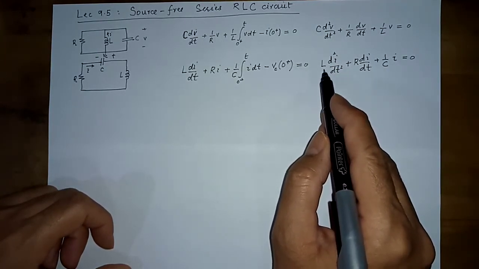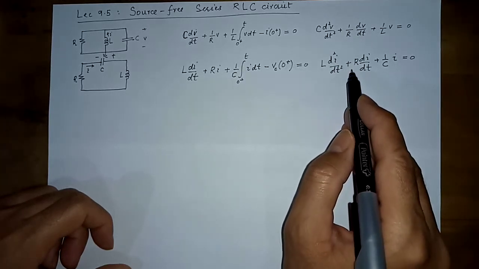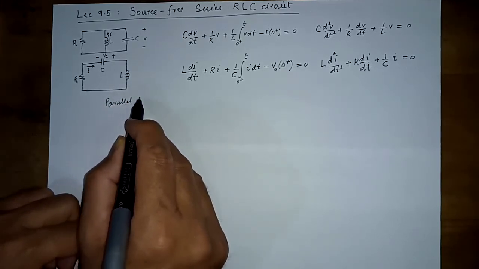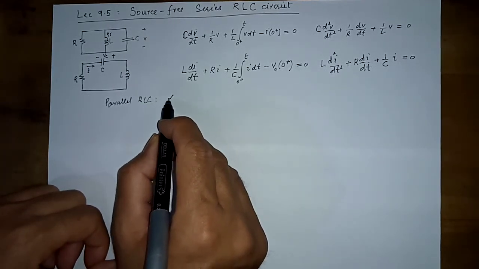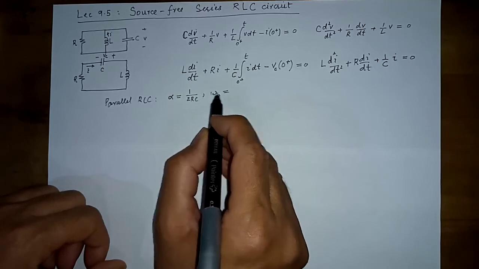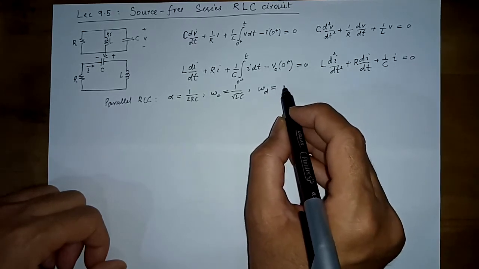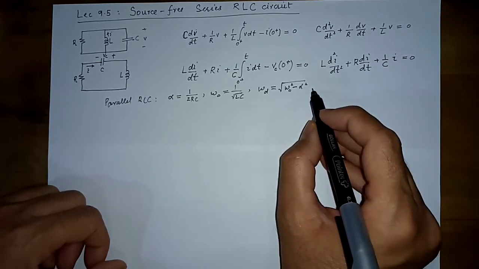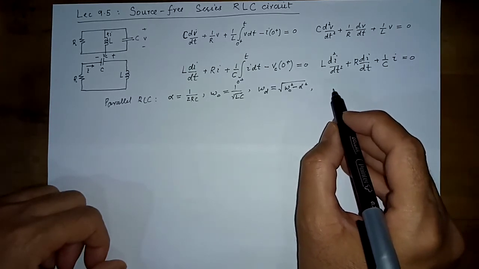So compare both of these equations. C has been swapped with L, L to C, V converted to I, 1 over R replaced by R. So for the case of parallel RLC, we started with that equation and solved everything and found alpha to be equal to 1 over 2RC, omega 0 to be equal to 1 over root LC, and omega d for the underdamped response to be the square root of omega 0 squared minus alpha squared.